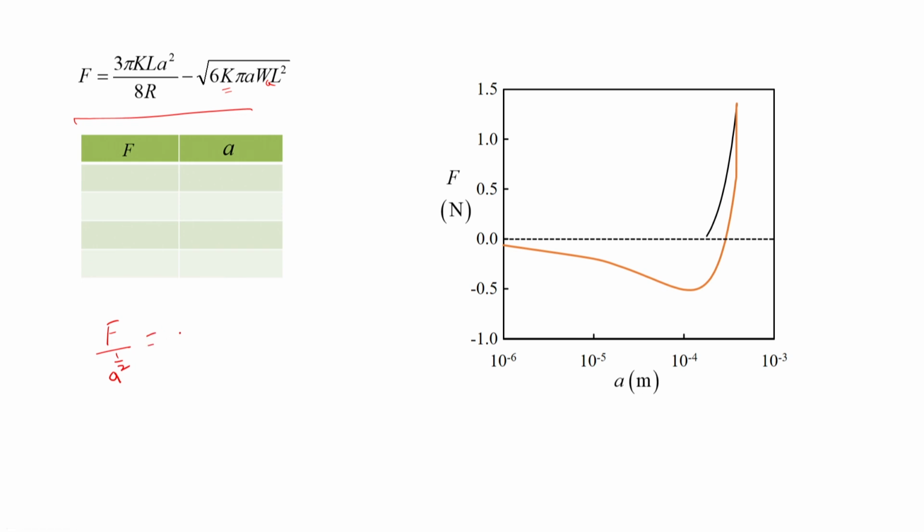and that will be equal to 3 pi K L by 8 R, A square will be A to the power 3 by 2, minus square root of 6 K pi W A L square. Now, A to the power 3 by 2 by R, that also I can do.